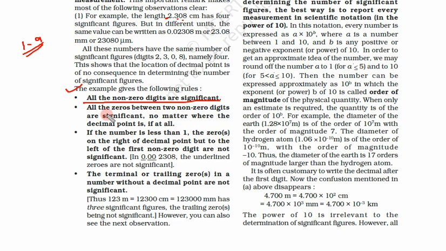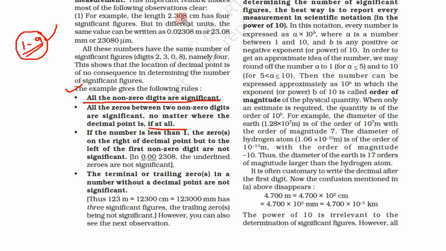If we understand how to tackle 0, we can easily understand how to write the significant digits in a figure. Second rule: all the zeros between two non-zero digits are significant, no matter where the decimal point is, if at all. Let us understand with this example. The problem is only with 0, so these are the rules for deciding when 0 is significant and when it is not.